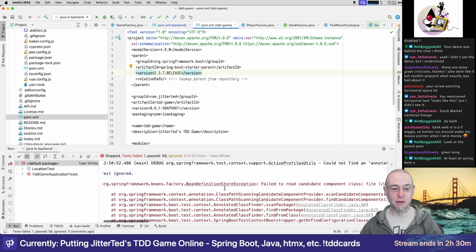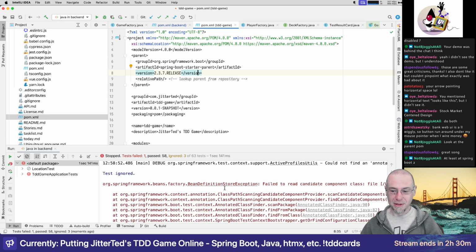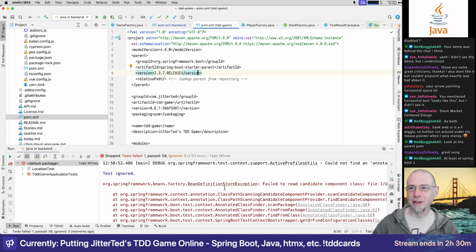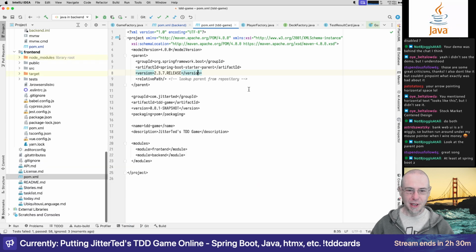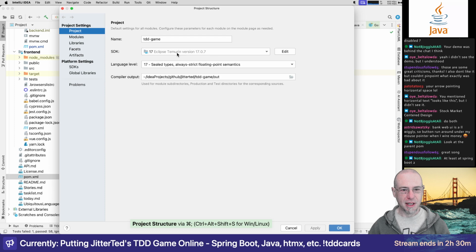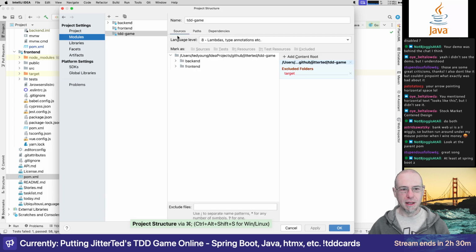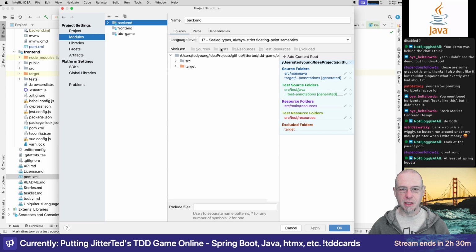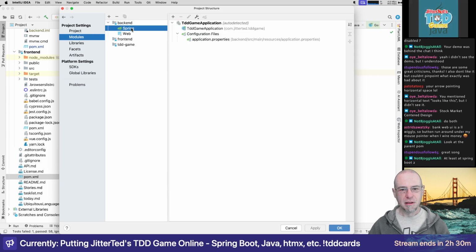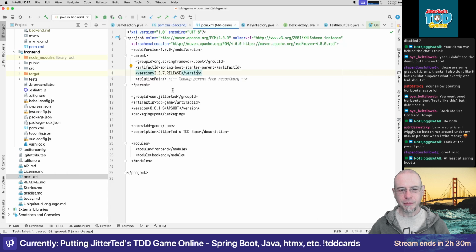Oh, I'm probably using a newer version of Java than it supports. Right, because 2.3. So let's check our setup. No, we're using 17. Backend is 17. That's interesting. Wonder why. Well, I think we're going to have to upgrade it before we do anything else.